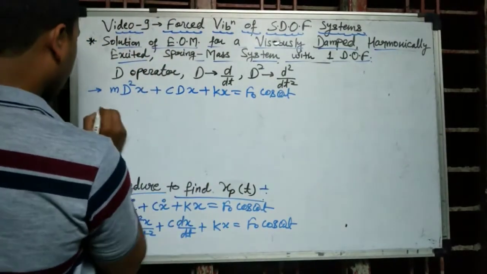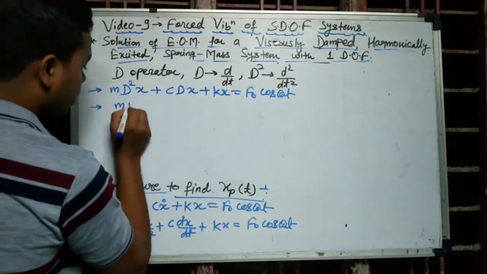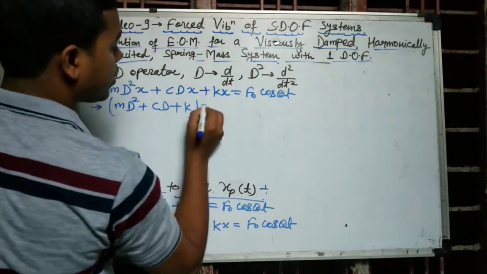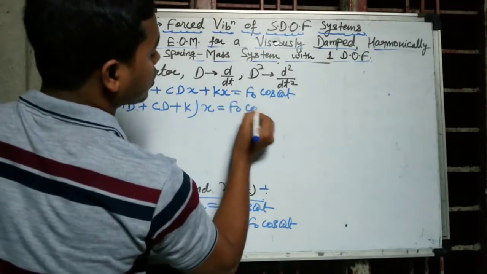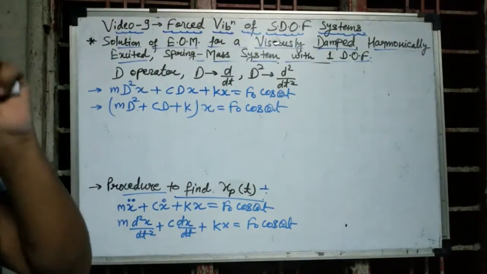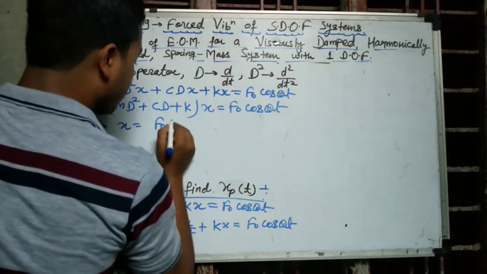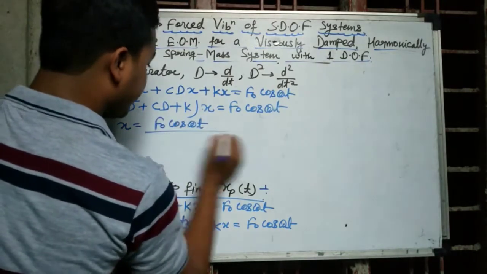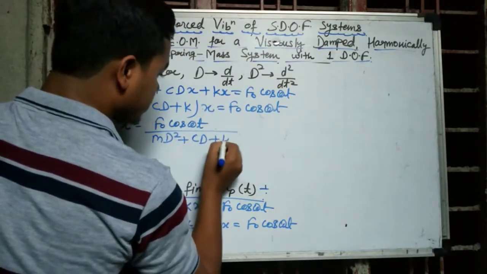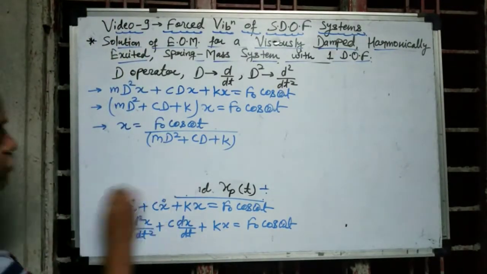Now here I can take x as common. So this will be (m D square plus c D plus k) into x equals F naught cos omega t. So from here I can write x is equal to F naught cos omega t divided by (m D square plus c D plus k). Till here I think there is no confusion.